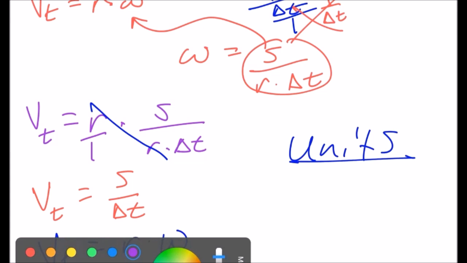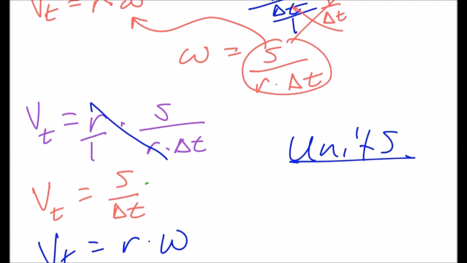What is the unit for arc length? Meters, okay? So we would get meters divided by, what's the unit for time? Okay, so according to the tangential velocity formula that uses arc length over time, you get meters per second.